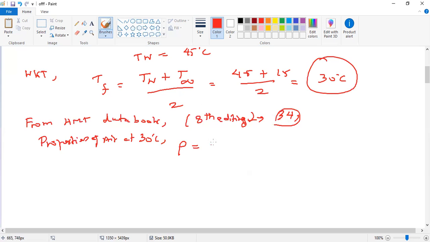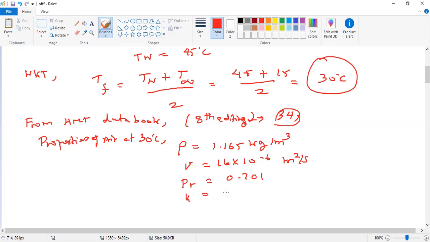So density is 1.165 kilogram per meter cube, and kinematic viscosity is 16 into 10 power minus 6 meter square per second. Then Prandtl number is 0.701, and we know the Prandtl number is a dimensionless number, it does not have a unit.